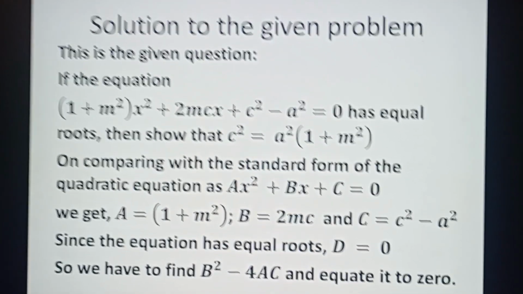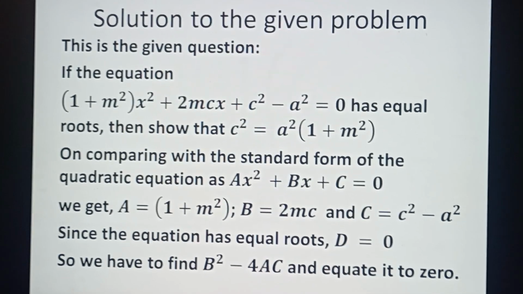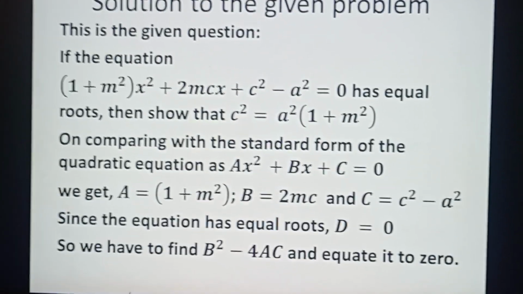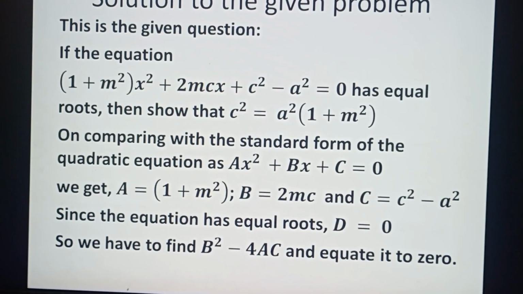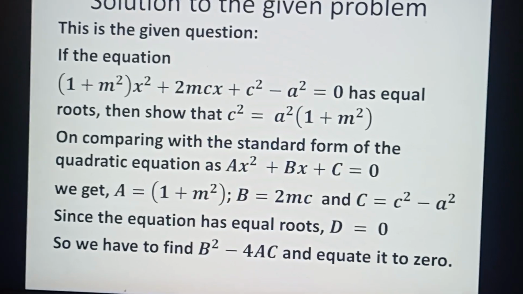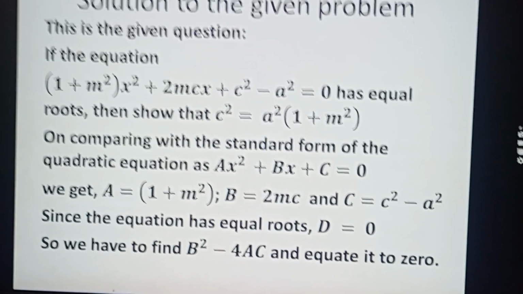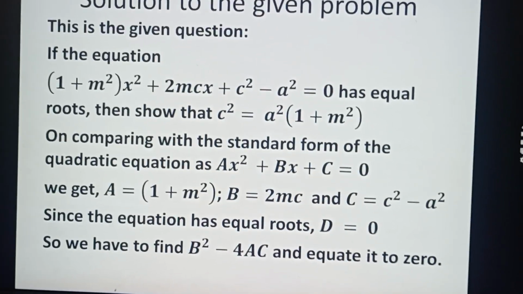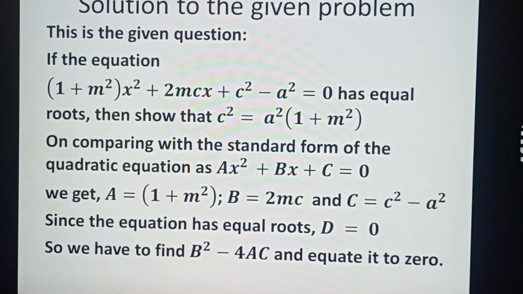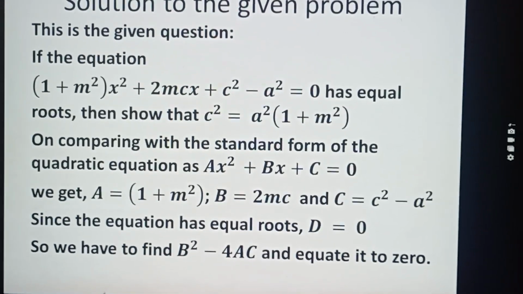Let us quickly go through this solution. If the equation has equal roots, then we should show the result from the question. On comparing the given equation with the standard form, capital A, the coefficient of x², is 1 + m².